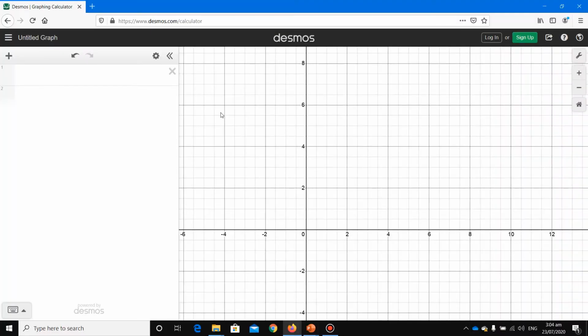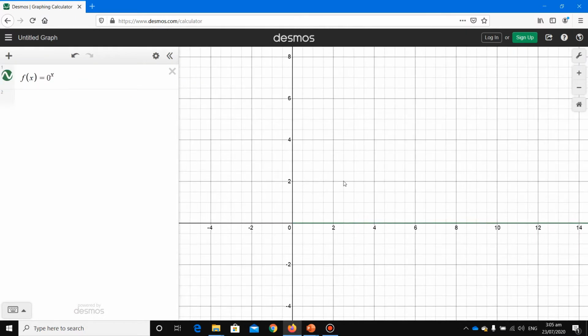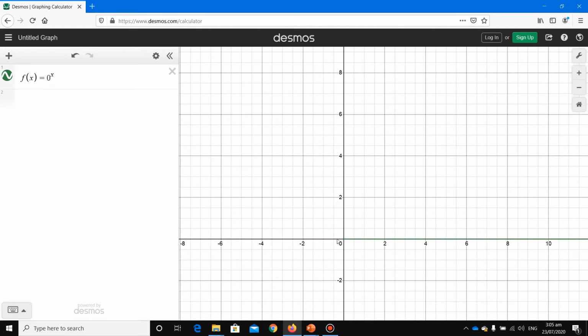Now let's graph our function. I will be using this Desmos graphing calculator. Just go to www.desmos.com/calculator. And in this calculator, we can graph our functions. So from our example, we have f of x equals 0 raised to x. So we can see here that for any values of x less than 0, that is our negative x-axis, we don't have any graph.